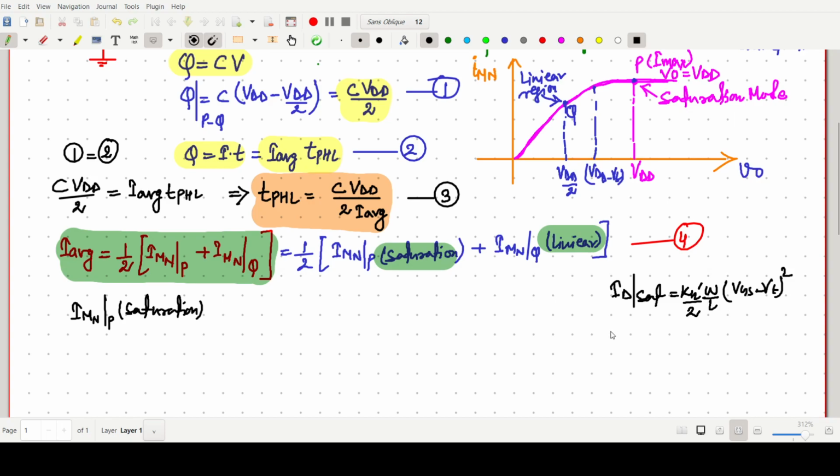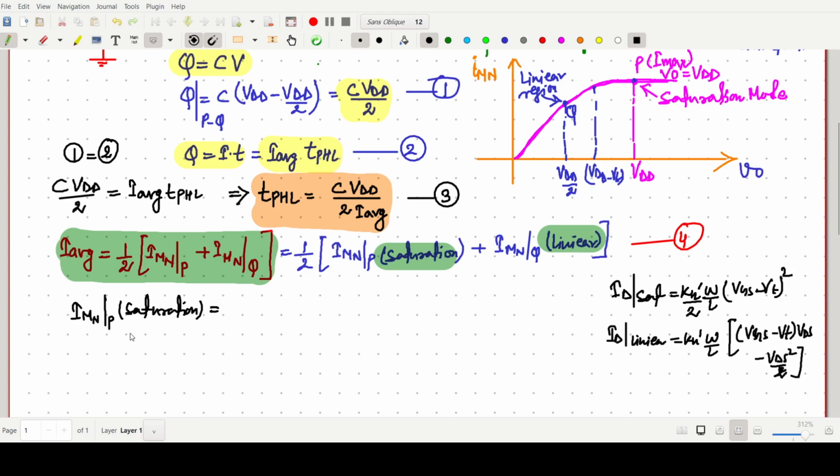And ID in the linear region can be written as Kn dash W by L in bracket (VGS minus VT) into VDS minus VDS square by 2. Okay, this one is a very important formula that we are going to use here.